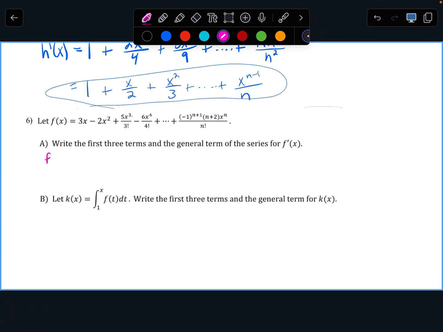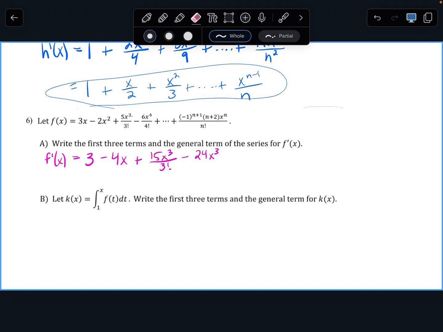I'm going to switch to pink because it's fun. Okay, so if you take the derivative, again, don't start simplifying. Just write 15x cubed over 3 factorial. A lot of your guys' brains are smart for simplifying that so fast. Why do I keep not knowing how to subtract today?